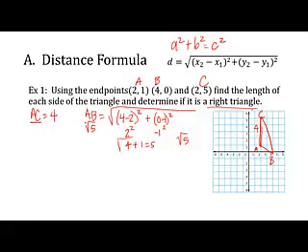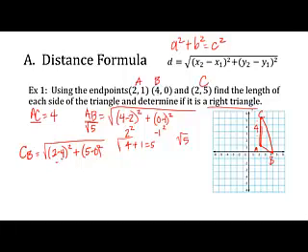Now I know AC, I know AB, so now I need to find out what CB is, that long side there. So I'm going to walk through the distance formula again using the points C and B. Doesn't matter which one you use first or second, just keep them in order. So 2 minus 4 squared plus 5 minus 0 squared. 2 minus 4 is negative 2.